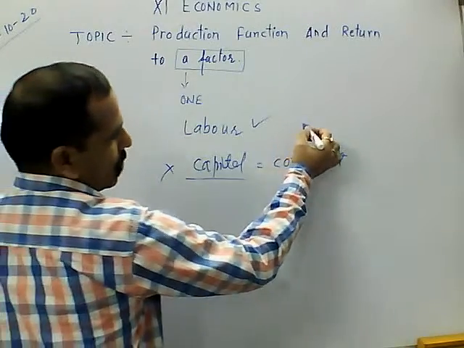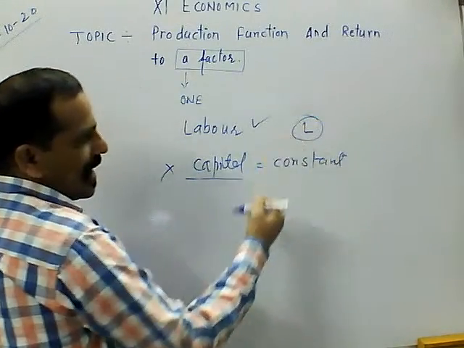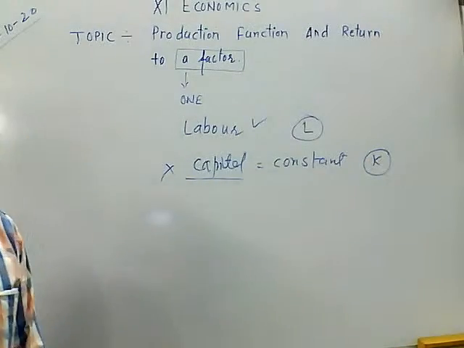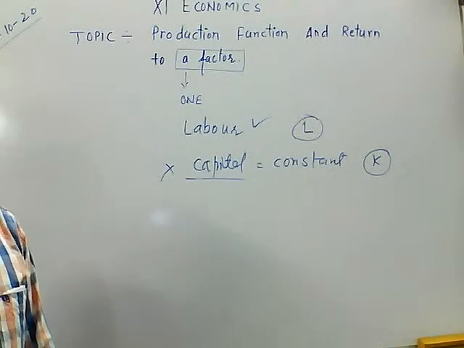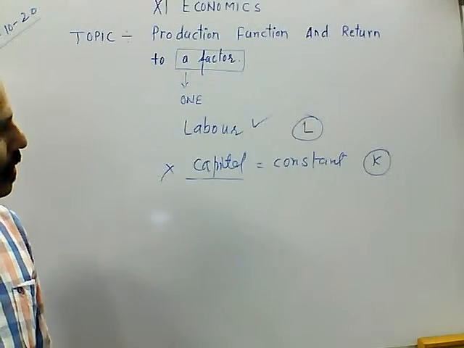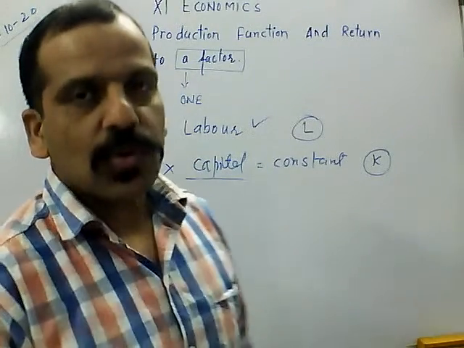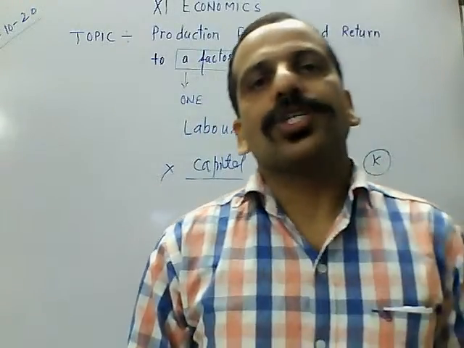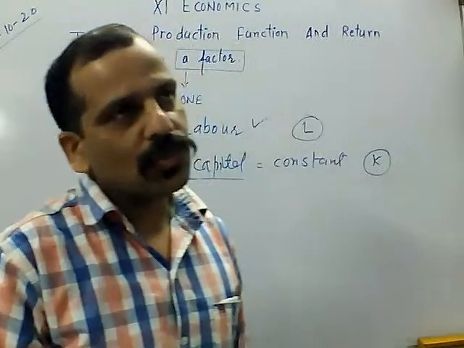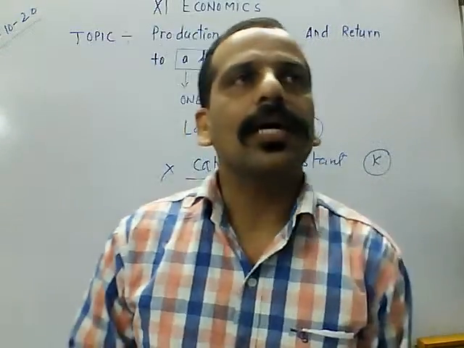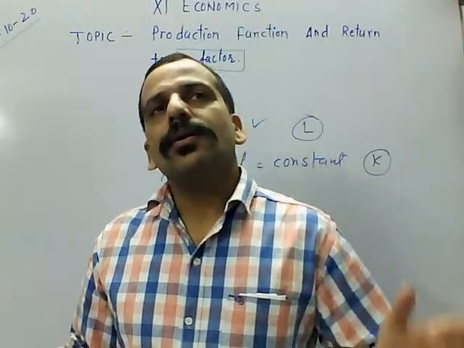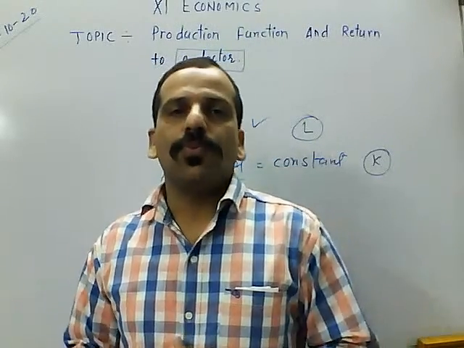L for labor, generally we are using this L for labor and K for capital. These two factors are there in the production function. Okay, labor or capital. So here we are concerned with the technique of production. In the technique of production, you can use labor or capital. But generally we are making the combination of both.